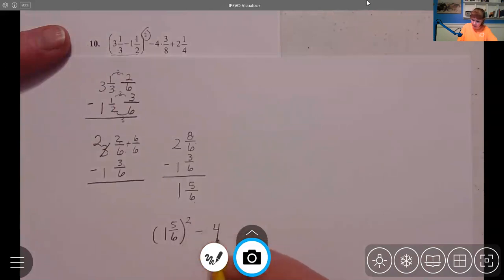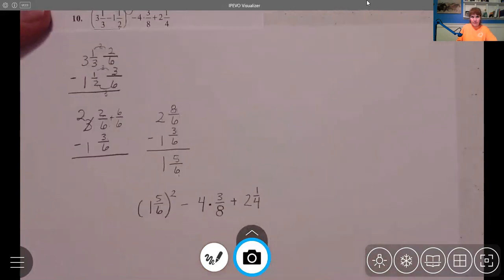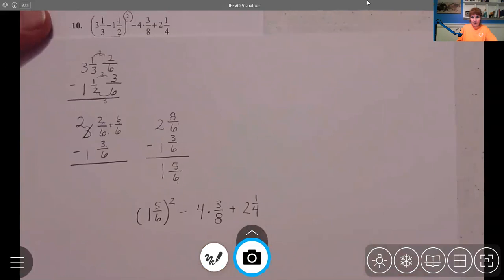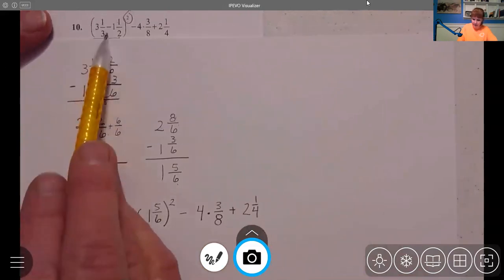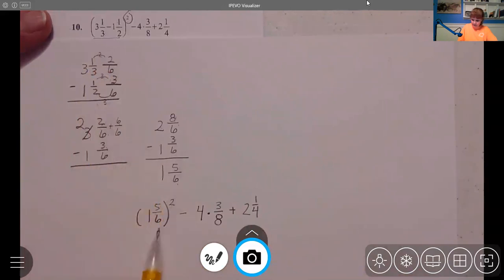Minus 4 times 3/8 is still there, plus 2 and 1/4. All right. So all I've done was what was in the parentheses, and that was pretty involved. I'm going to square it. We're going to talk about how to square it. I still have to multiply, and I'll have to add the 2 and 1/4.